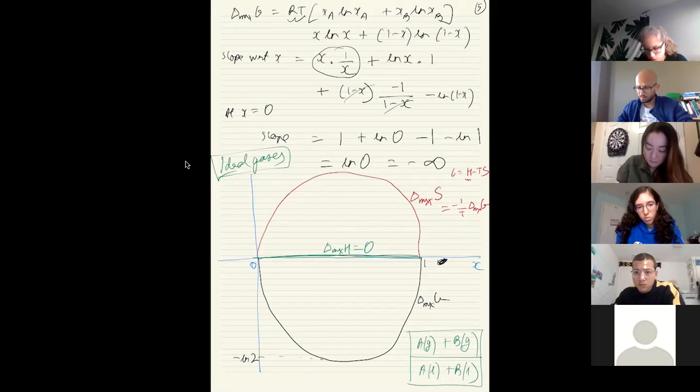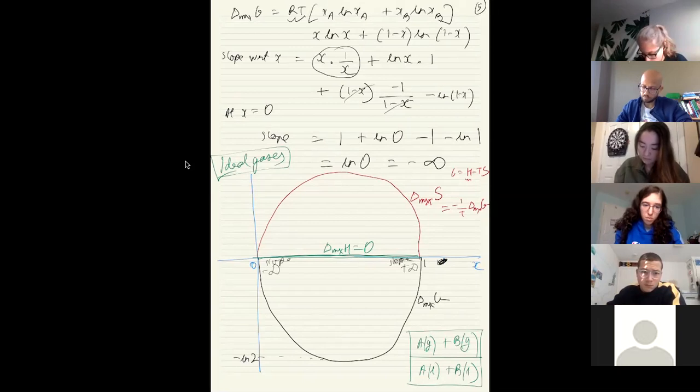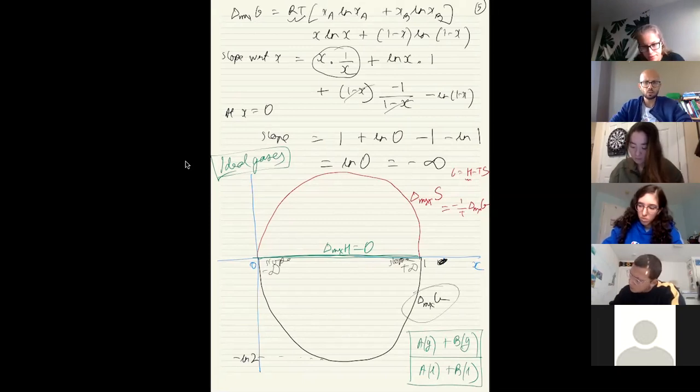Then delta G mix and delta mix S. And I really think you should try to post your solutions to this as practice problems on the Slack channel to show that the curve actually looks like this, because this is quite important that it goes to 0 here and it goes to 0 with a slope of minus infinity on this side and plus infinity on this side. And once you have the delta G mix, the delta mix S is trivial because it's this one divided by a minus T.